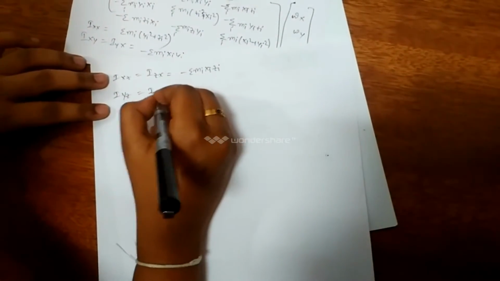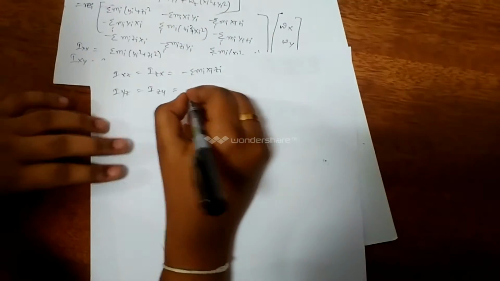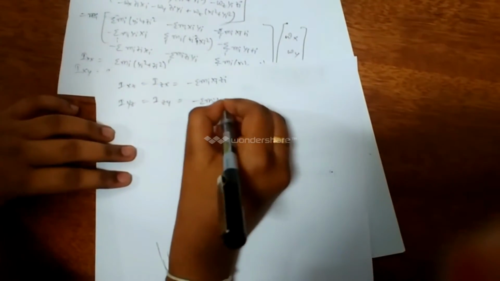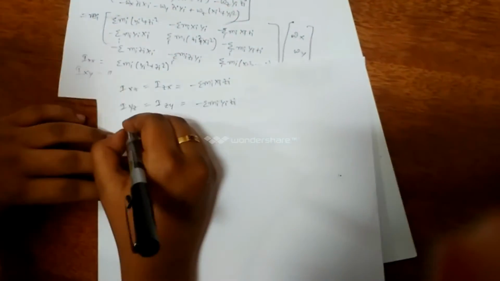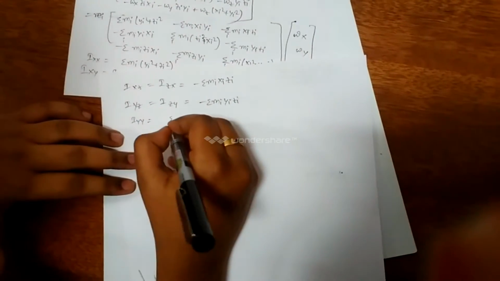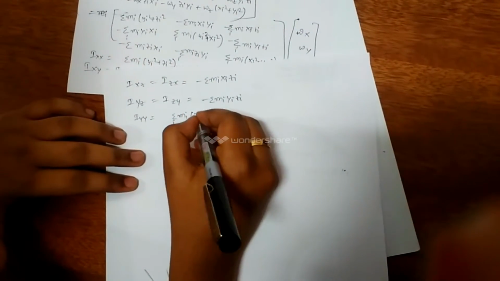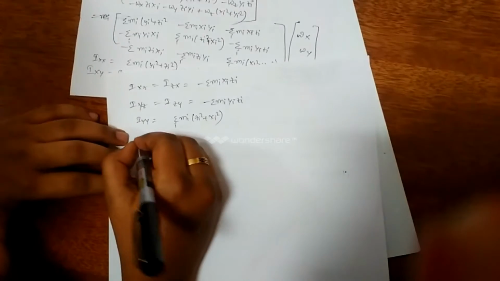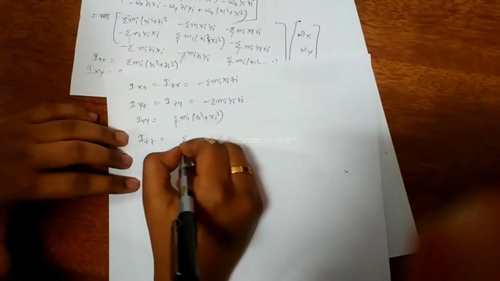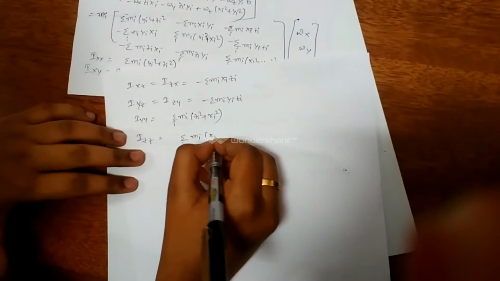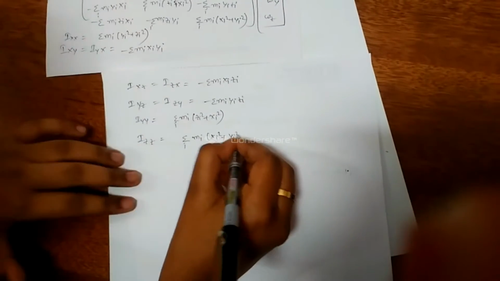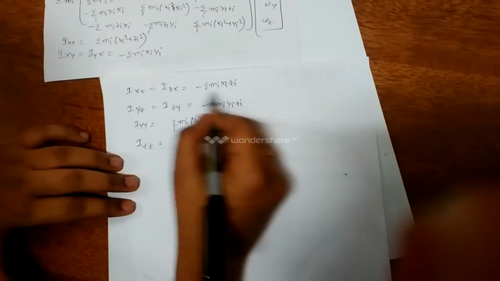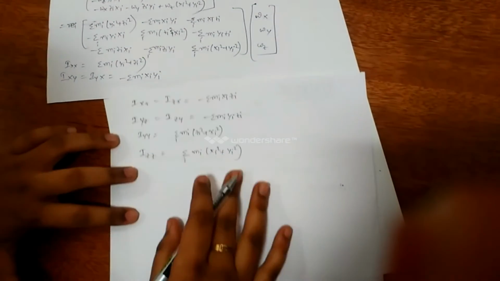Iyz is equal to Izy is equal to minus sigma mi yi zi, and Iyy is equal to sigma mi (zi square plus xi square). Izz is equal to sigma mi (xi square plus yi square). So from this matrix, I am writing each element in this way.